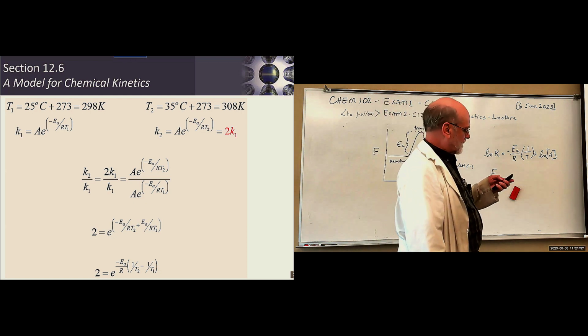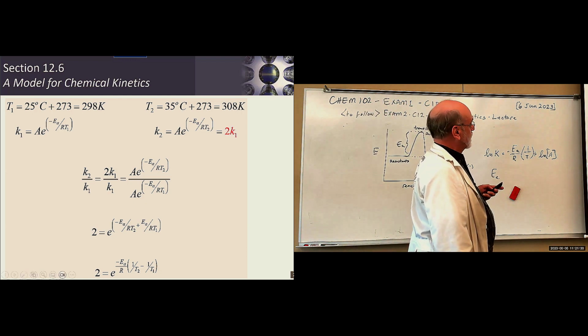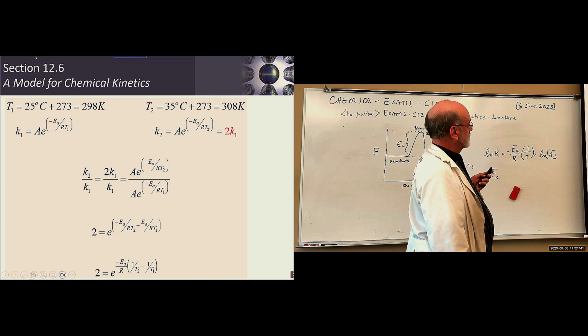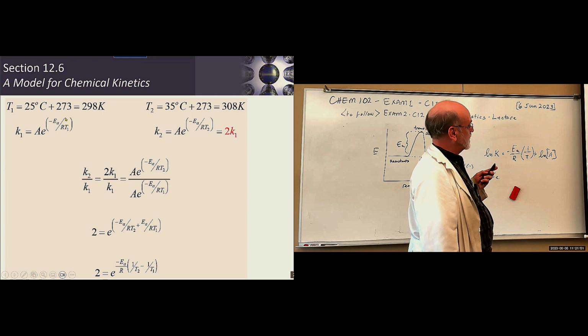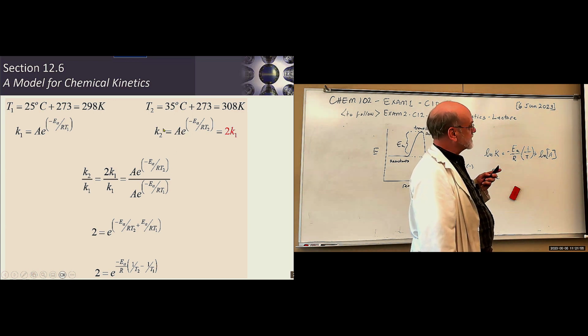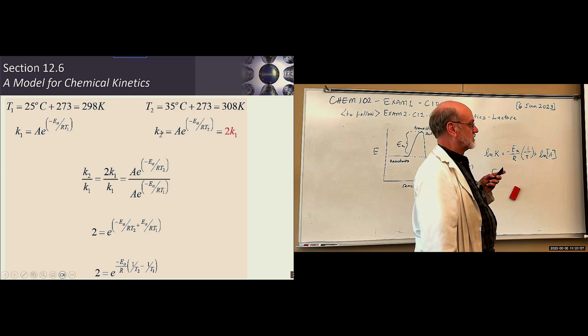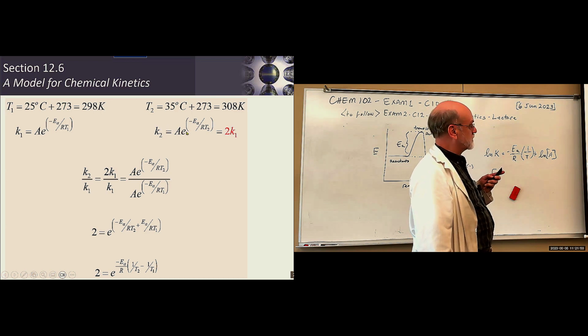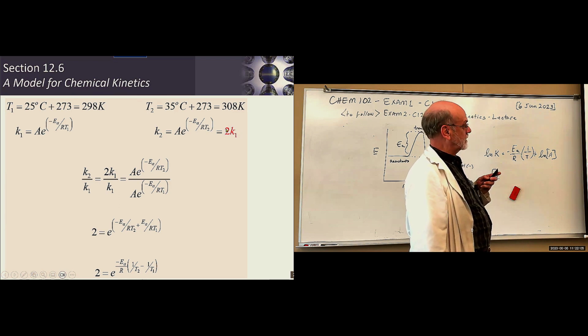To make a long story short, I calculated the temperatures in K first, and then I took the Arrhenius equation: the first K would be this at that temperature, and the second K would be this at that temperature. But this K would have to double in order for this to be valid. So this expression is equal to 2 times the first K.